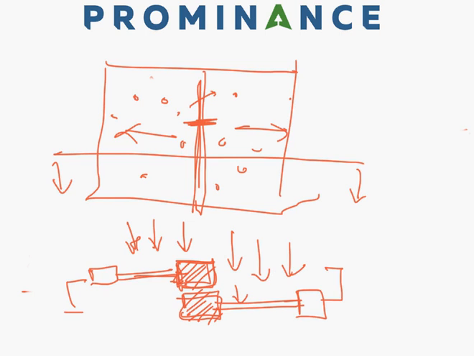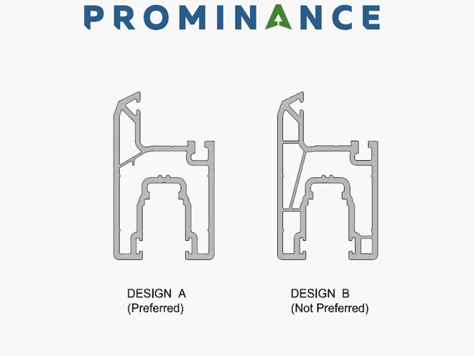So let's understand this from the profile design perspective. In case of Prominence UPVC profiles, we have kept bigger chambers inside so that we can put bigger steels inside. So the steel which goes in this particular cavity can be of this particular size.